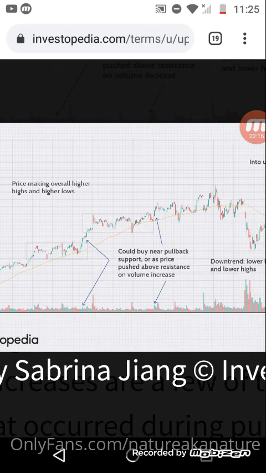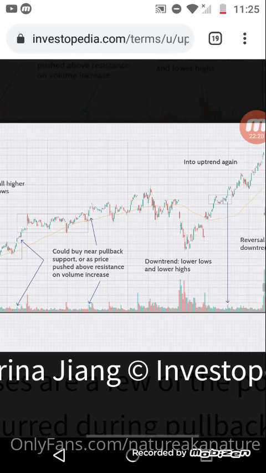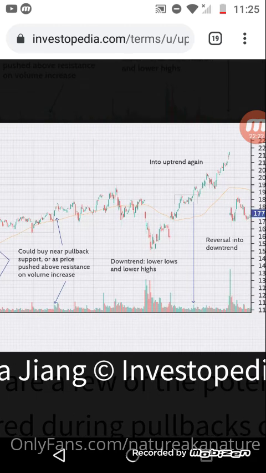But then you can see right here when it says downtrend, lower lows and lower highs, the candles went below the moving average. So when it goes below the moving average, it's going down. But if the candlesticks are above the moving average, above the line, the yellow line, then it's going up. So that's another way that we decide, we know if it's going up or down, by looking at the moving average and seeing if the candles are above or below the moving average.